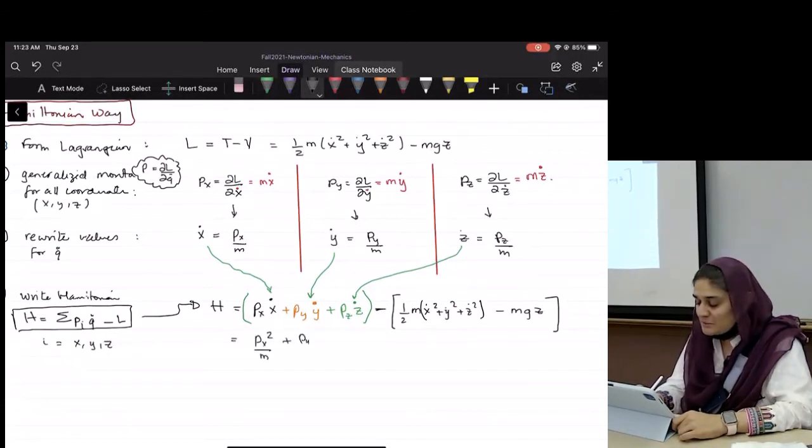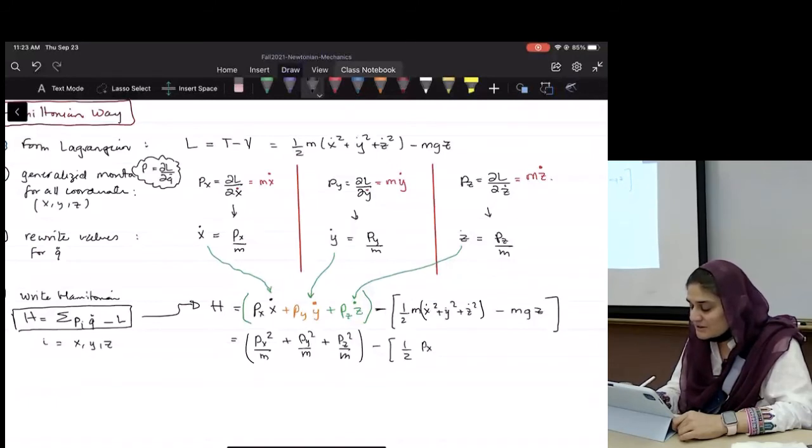Plus py squared over m plus pz squared over m, minus, can I write this as 1/2 px squared over m plus py squared over m plus pz squared over m.